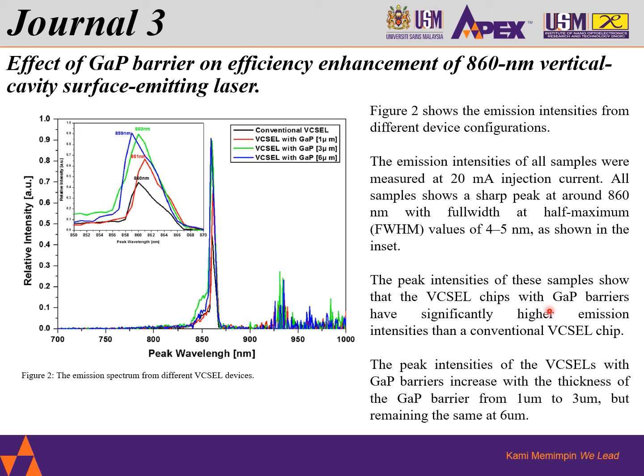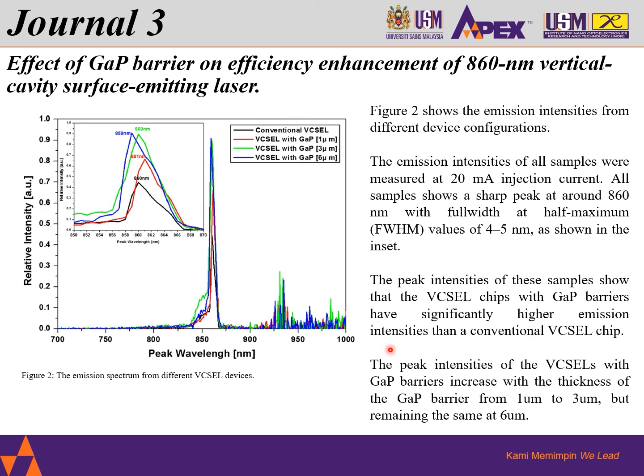And then next, the peak intensity of these samples shows that the VCSEL chip with this gallium phosphide barrier has significantly higher emission compared to the conventional VCSEL. As you can see, these three red, blue, and green have higher intensity compared to this black color. Black color is the conventional one.